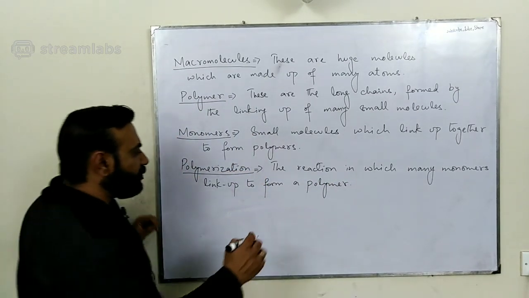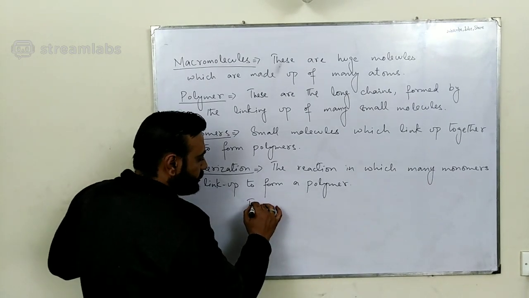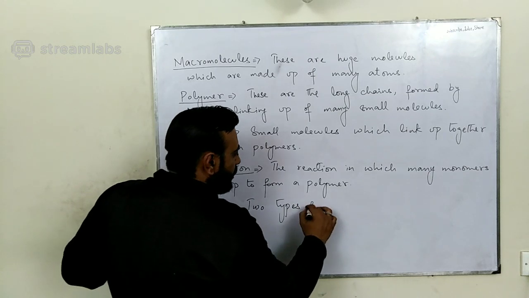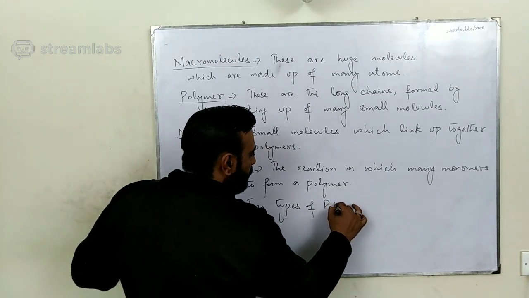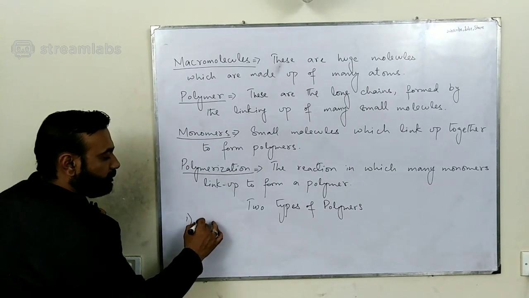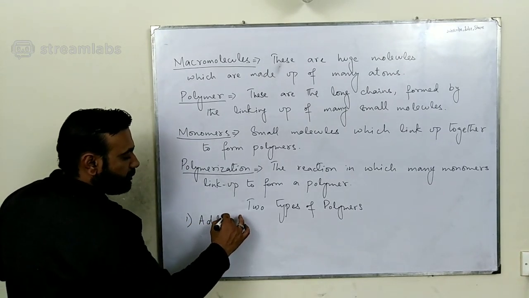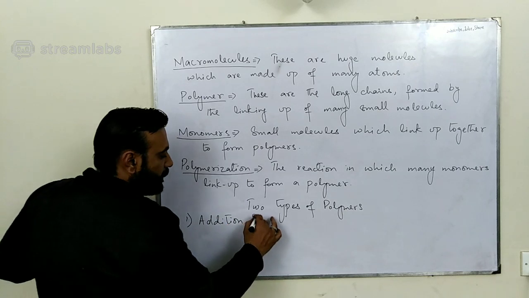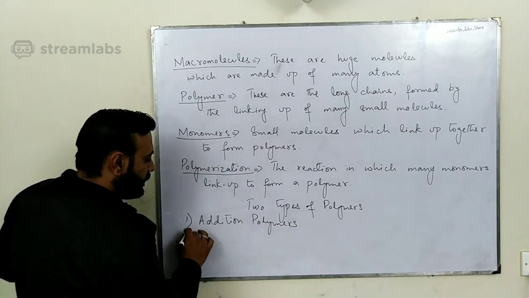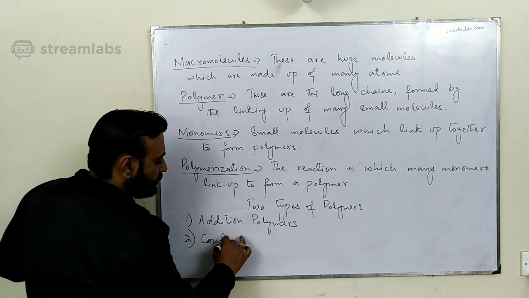Now there are two types of polymers. Addition polymers and condensation polymers.